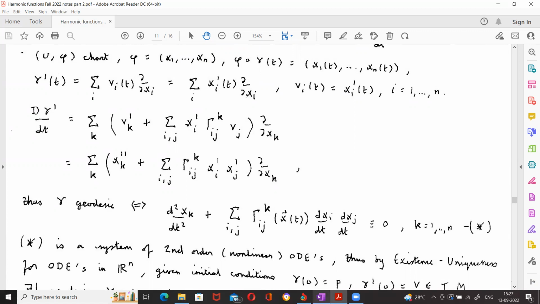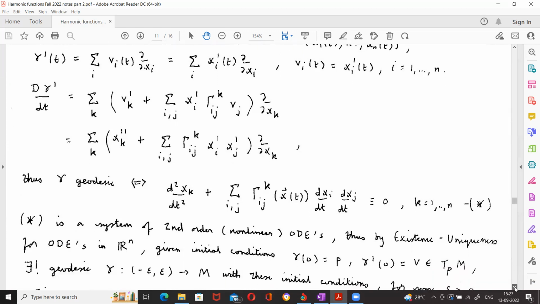So if I know gamma 0 and gamma prime 0, then I know x1(0) up to xn(0) and x1 prime(0) up to xn prime(0). Therefore, by the theory of ODEs in Rn, there will exist a local solution which is unique given these initial conditions, right?